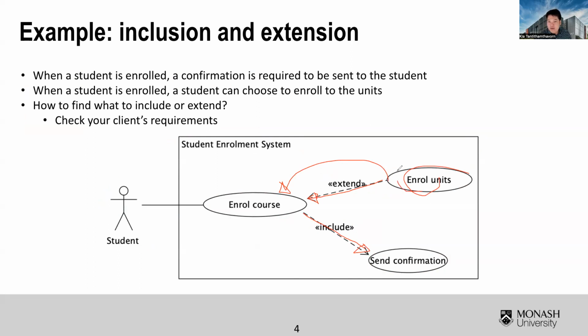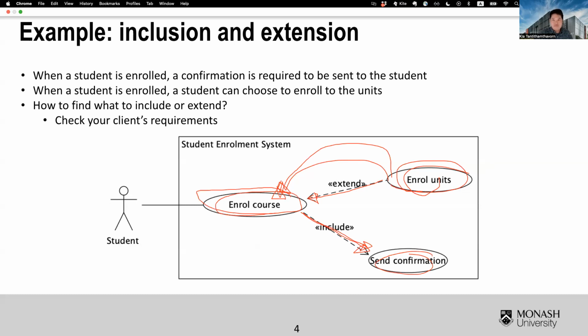The enroll unit use case is an extension of the course enrollment use case, but when we do the enrollment course use case, it must include the send confirmation use case. Okay, clear? That is very tricky. Yeah, clear, say yes.